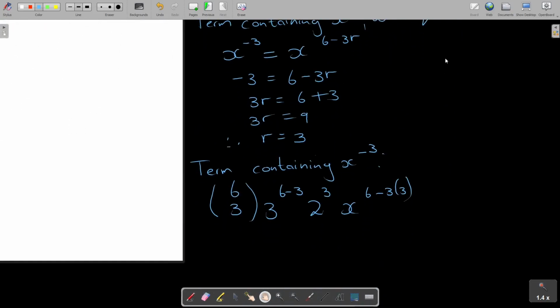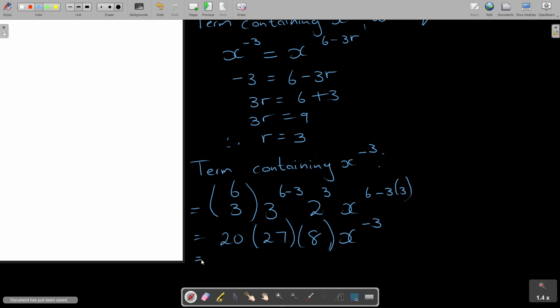Now I press on my calculator 6 nCr 3, and I get 20, then 3 to the power 3 is 27, and then 2 to the power 3 is 8, and then x to the power negative 3. If I multiply this, I get 4320 x to the power negative 3.